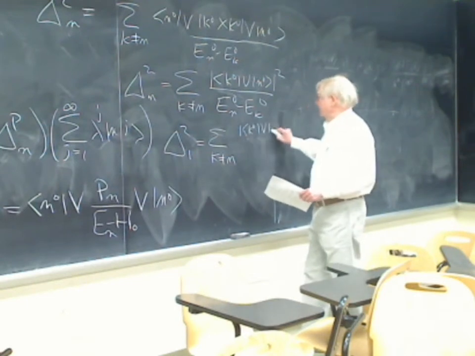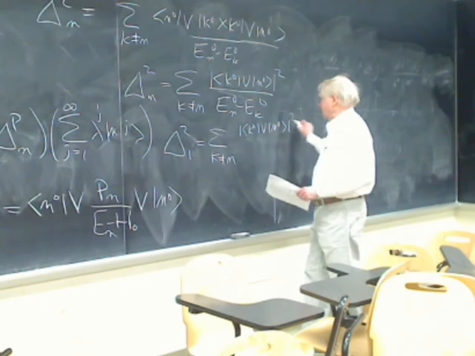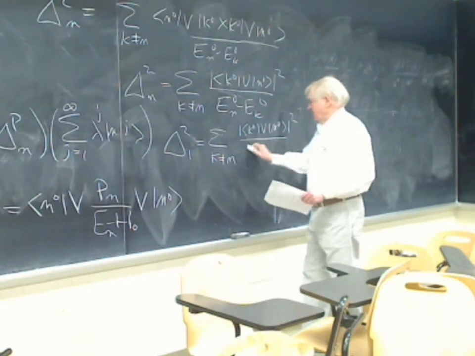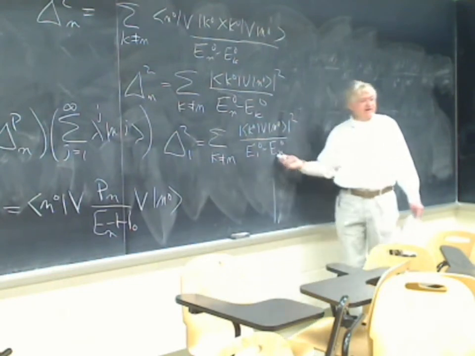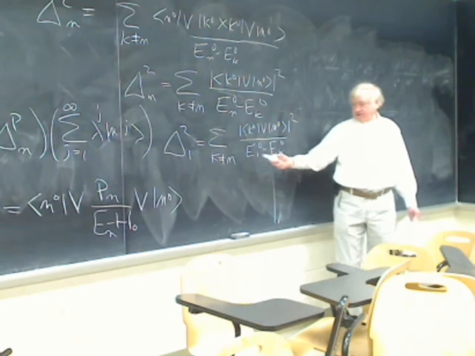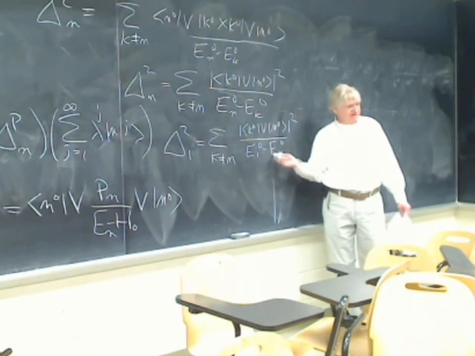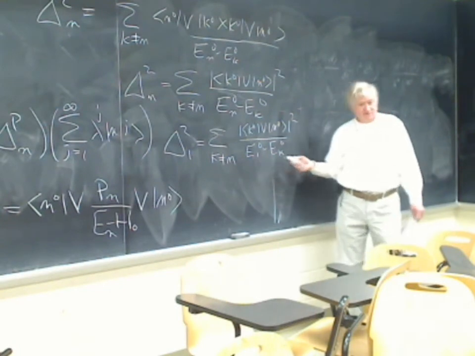So it's |<k0|V|n0>| absolute value squared over E10 minus Ek0. So Ek0 is going to be greater than E10 because Ek is one of the excited states.